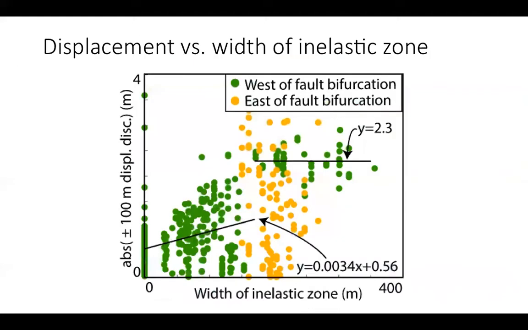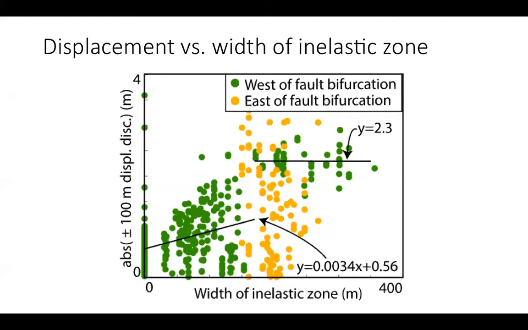Then I want to explore how the displacement changes with the width of the inelastic zone. So here, the y-axis is this displacement discontinuity, and the x-axis is the width of the inelastic zone. First, just pay attention to the green point. We see that to accumulate any inelastic deformation, we need about 0.5 meter of slip.